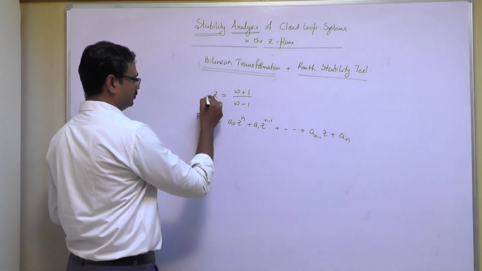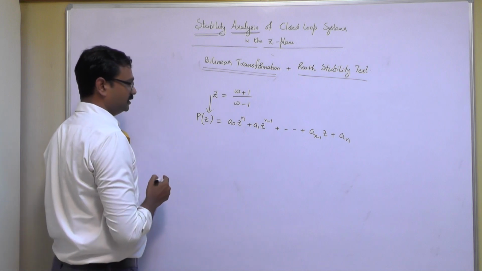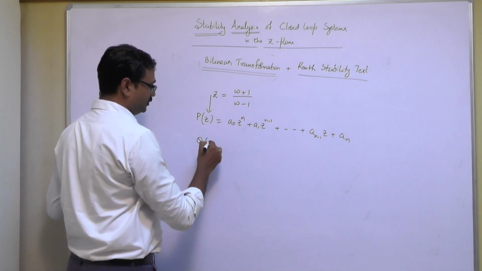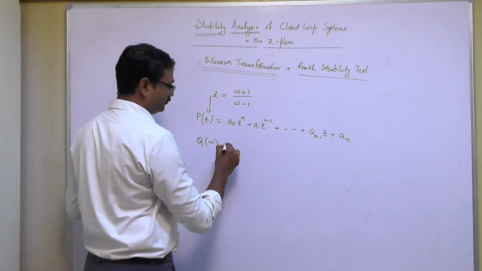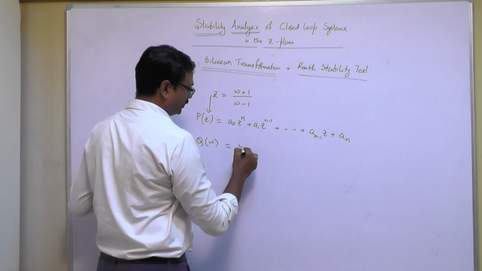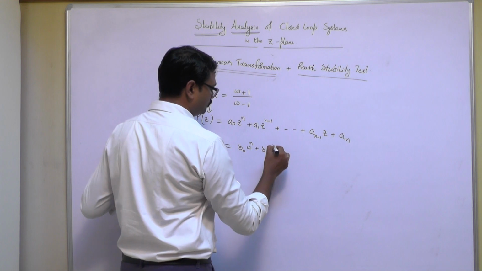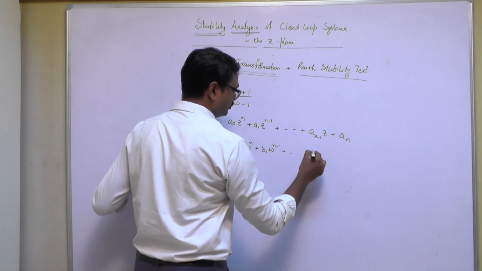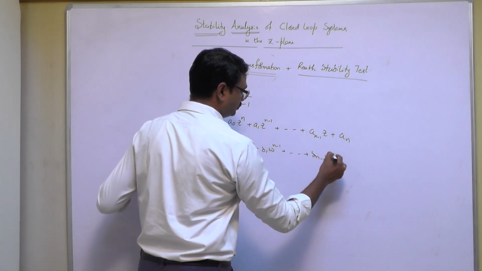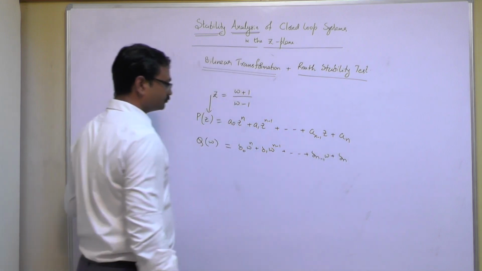Right? And when you replace z with (w + 1)/(w - 1), we will have some other polynomial Q(w), with b0 w^n + b1 w^(n-1) + ... + b(n-1) w + bn.